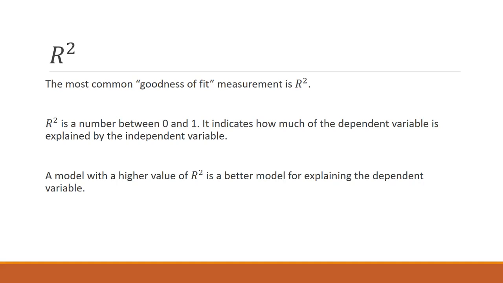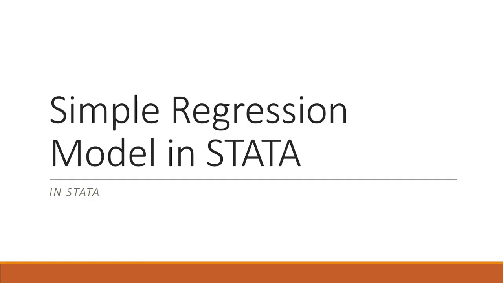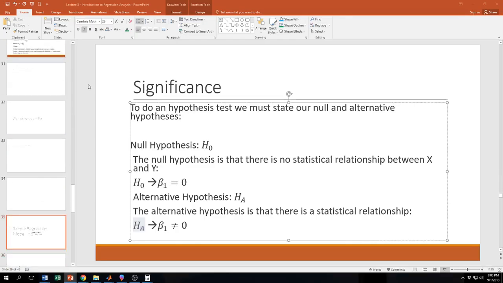So in general, we like models that have a higher R squared. Although, as we'll see later in the class, R squared is not everything. But we'll get to that. All right. Now, we've done a nice intuitive explanation of what regression analysis is, of what econometrics is. So let's jump over into Stata and let's do some analysis.